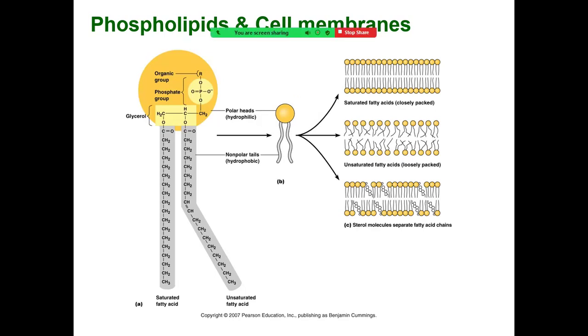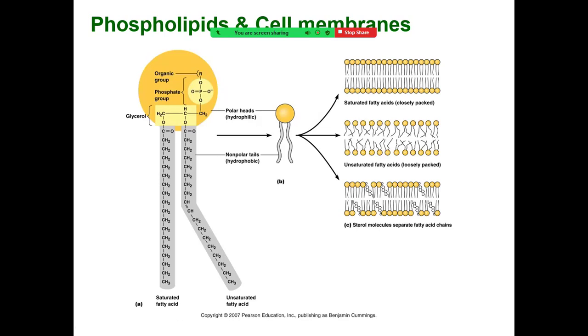So we call this end with the phosphate region the head, and it is polar. I didn't mention the phosphate is also attached to an R group. That's an organic molecule. R can stand for essentially anything, but all you need to know is there is an organic molecule attached to the phosphate.